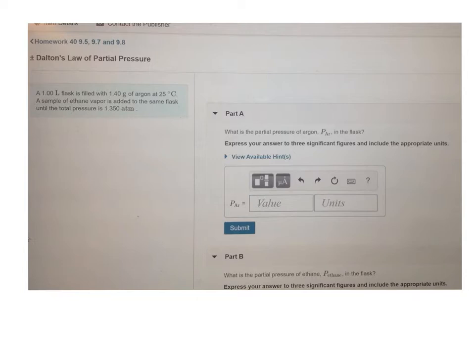Well, let's see. I don't have enough information right away to get either the partial pressure of ethane or the partial pressure of argon. But let's look at what I do have. I have a volume. I have a mass of argon that I'm going to put up here because it's not going to come in useful at first.